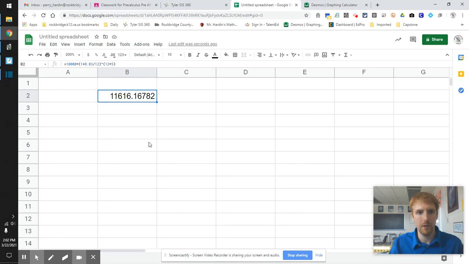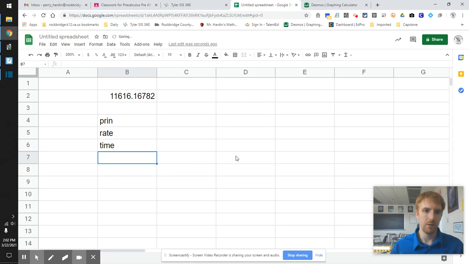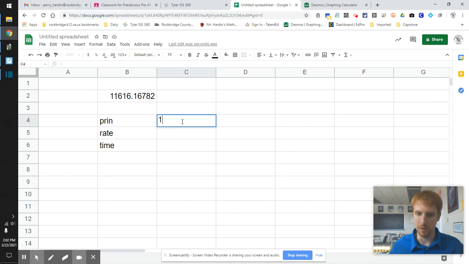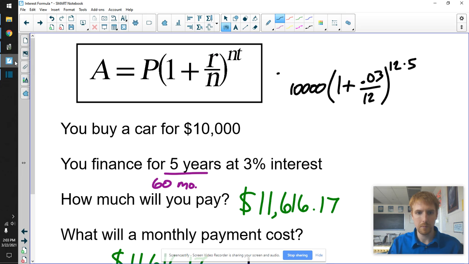Okay. So here's probably the only benefit to a spreadsheet. You can create a formula that you can use over and over. So principal, rate, time, what I could do is say equals, now let's go ahead and put some numbers in here. 10,000, rate 0.03, times 5 years. Those are all the numbers off of the notes.